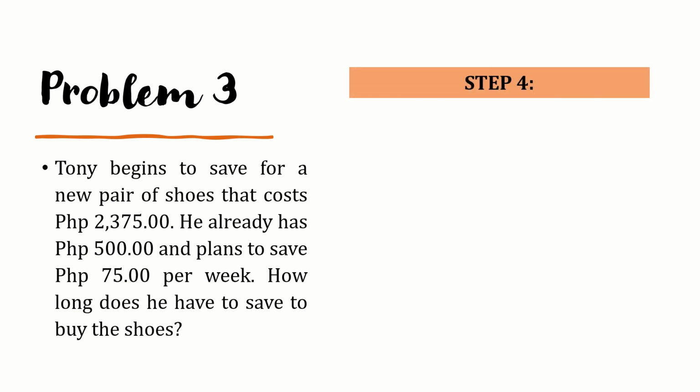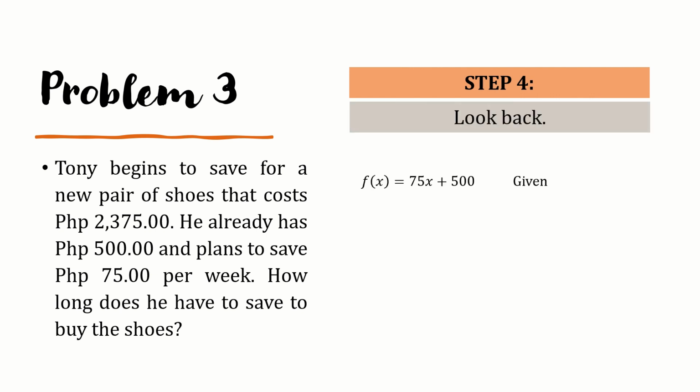The given is f of x equals 75x plus 500. And by substitution, we have 2,375 equals 75 times 25 plus 500. 75 multiplied to 25 is 1,875. 2,375 is equal to 1,875 plus 500.